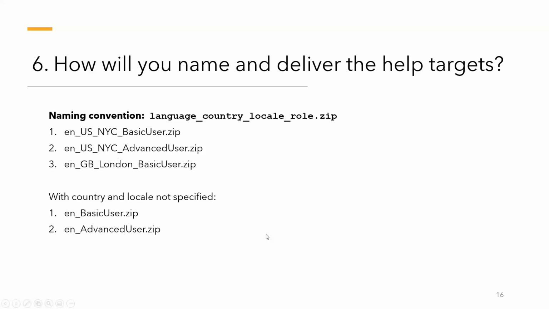So we typically shorten the naming convention to just the language and the role. If we don't have a distinct country and locale, which is fairly typical at RSA, this is the naming convention we end up with. But whatever naming convention you come up with, this is a very critical thing to have an agreement with your software developers.